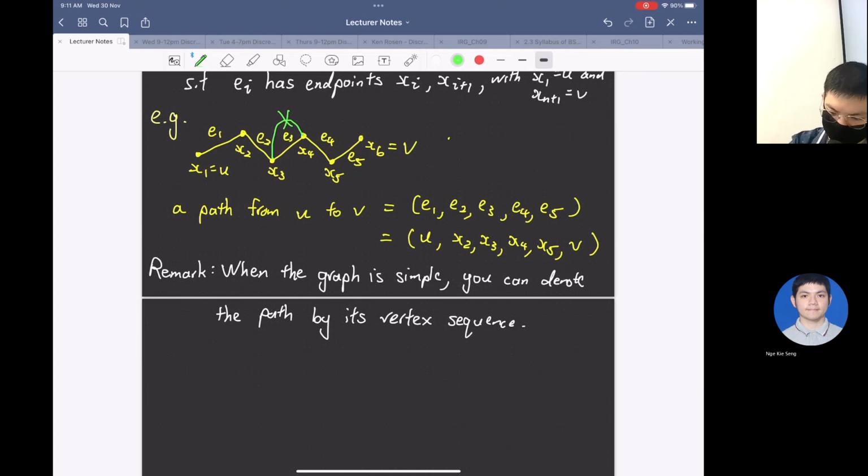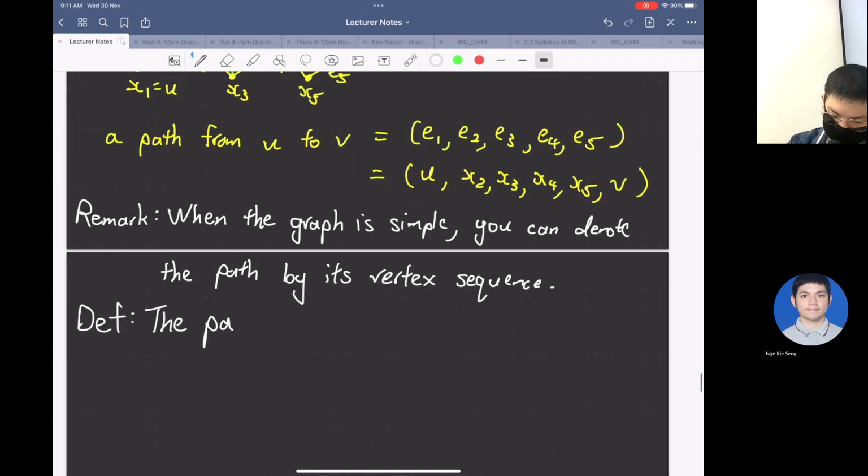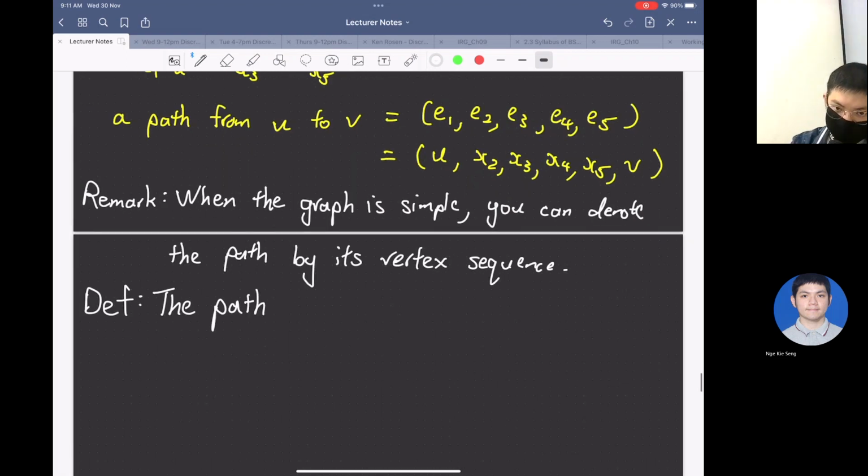And the next one is the path that starts and ends at the same place. This path we will call a circuit. So a loop is a circuit, but a circuit is not necessarily a loop.